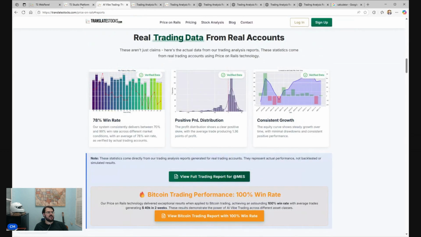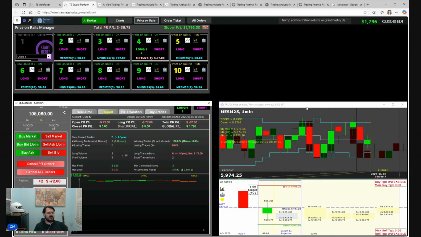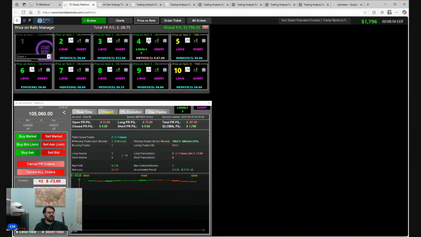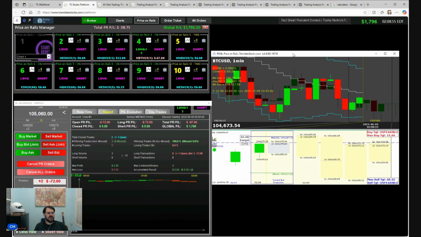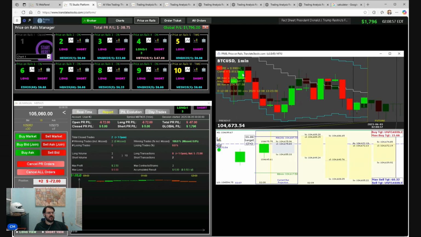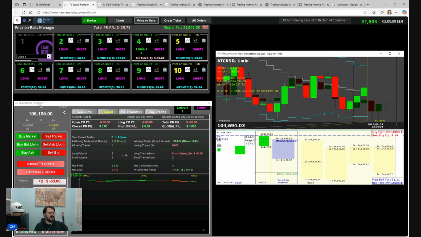Okay, and of course you can have all these strategies going on at the same time. Actually, here my strategy number 4 is this Bitcoin strategy. We have the Bitcoin 1 minute here, the chart of the Bitcoin itself, and then we have it trading on the micro, the MBT M25 here.